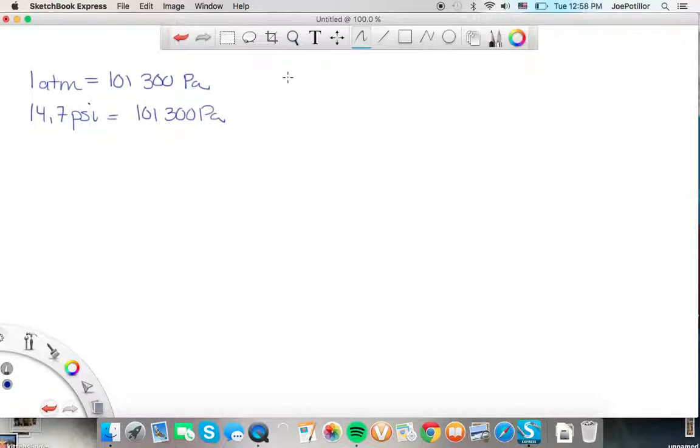The pressure that you read on your gauge, we call it PG for the gauge pressure, is the absolute pressure minus 1 atmosphere, or minus 101,300 Pa. It's written as 1 atmosphere in your textbook, so I'll write it down.